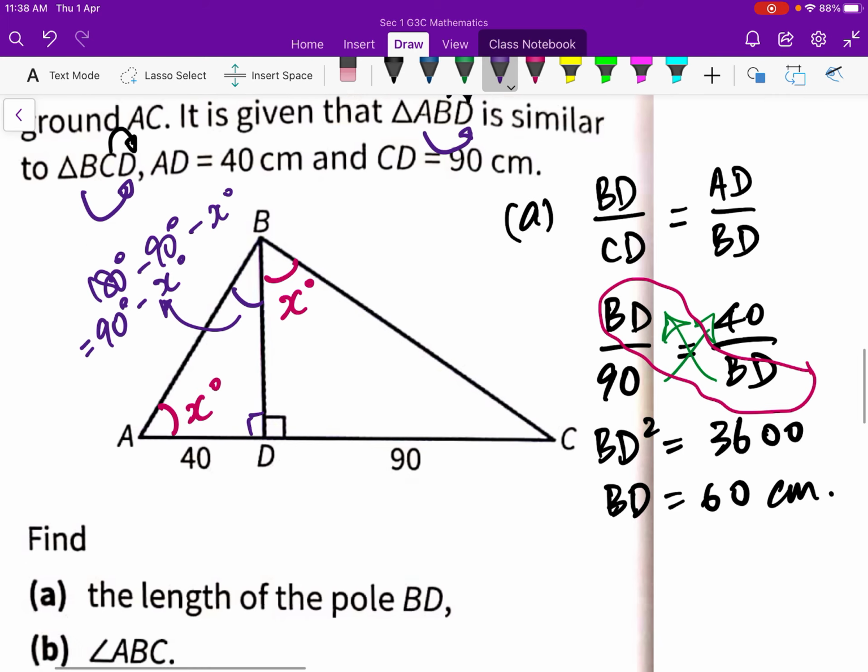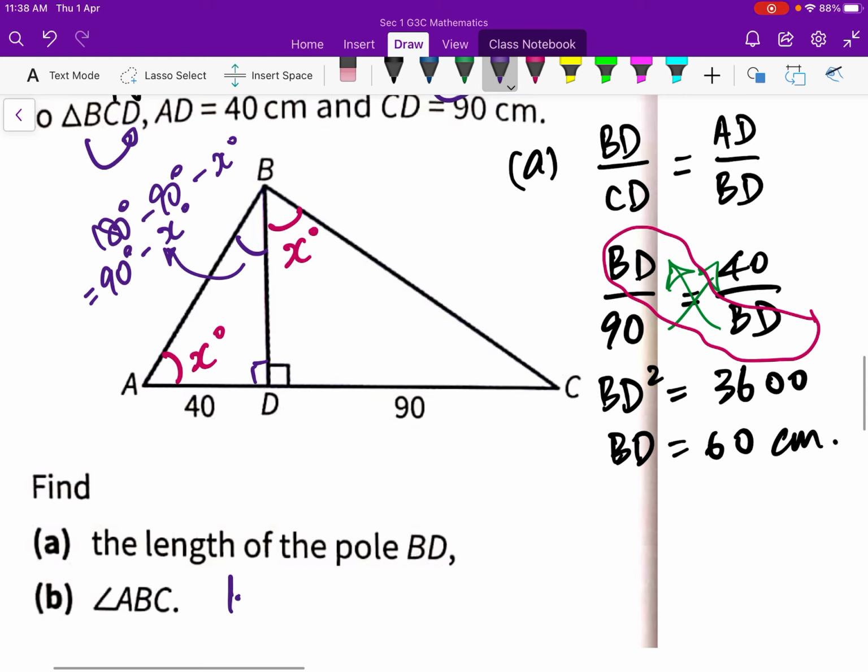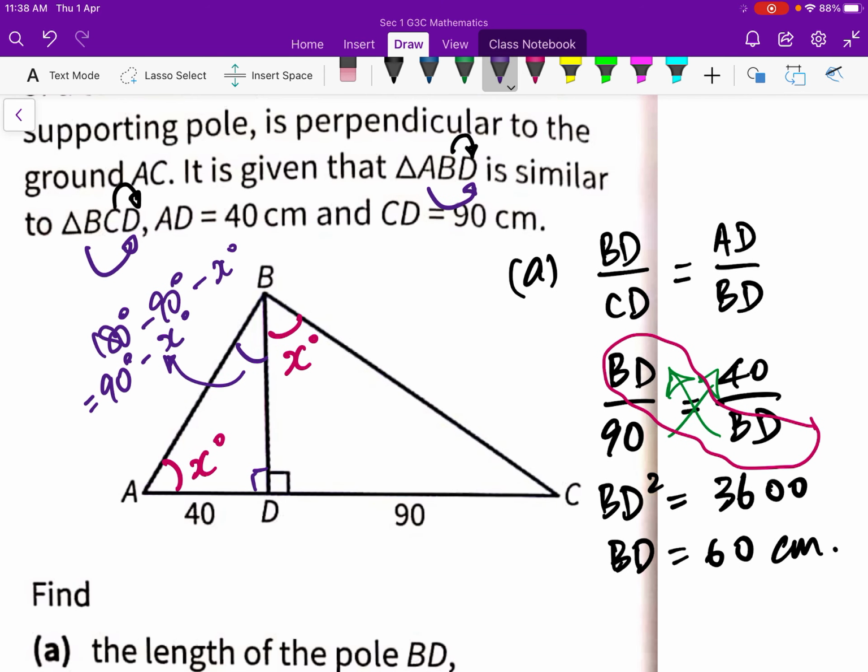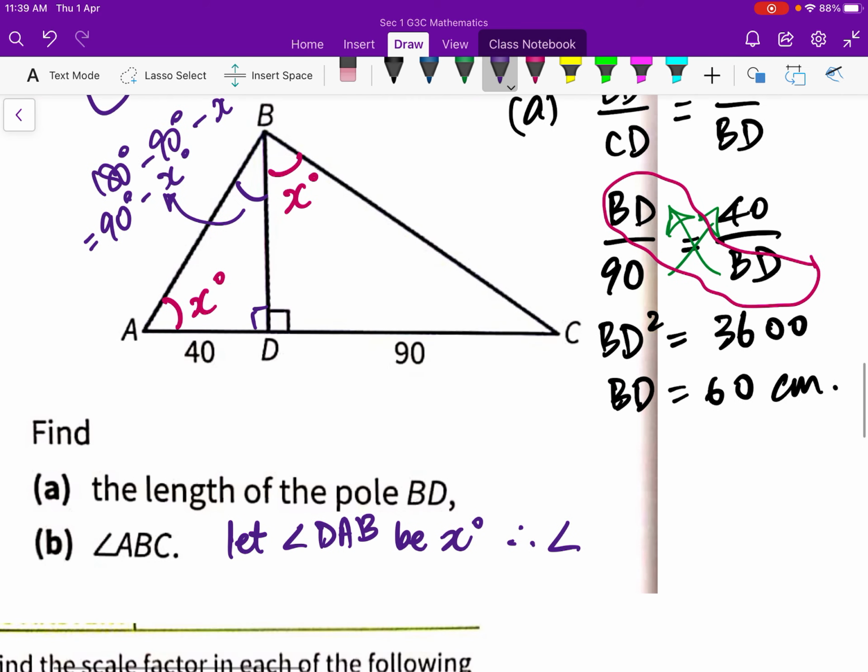So presentation wise, we can say, let angle DAB be x. So angle DAB, DBC also equals x because they are corresponding angles in similar triangles.